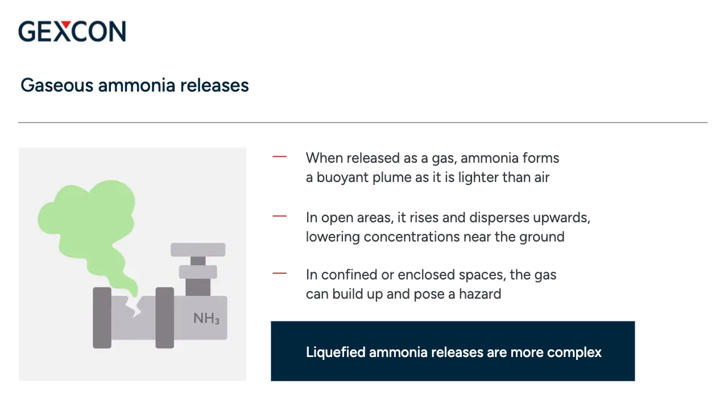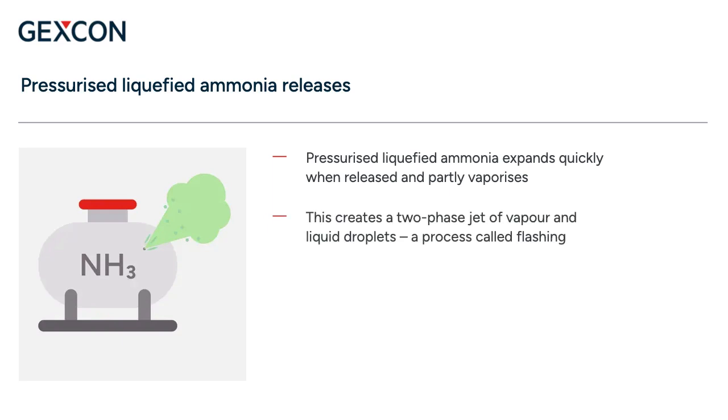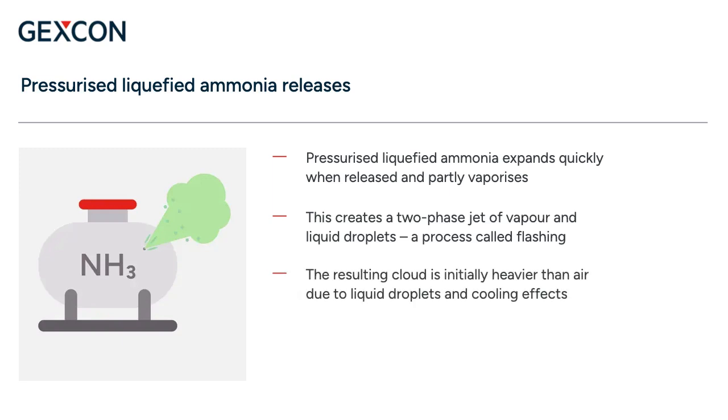Meanwhile, releases of liquefied ammonia involve more complex dispersion behavior. Pressurized ammonia rapidly expands upon release and partially vaporizes, forming a two-phase jet of vapor and liquid droplets. This process, which we call flashing, results in two-phase cloud. Initially, the ammonia air mixture can be denser than the surrounding air due to the presence of liquid droplets and cooling effect of rapid evaporation.